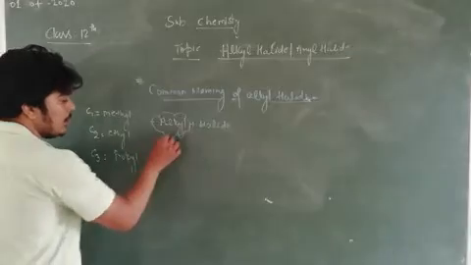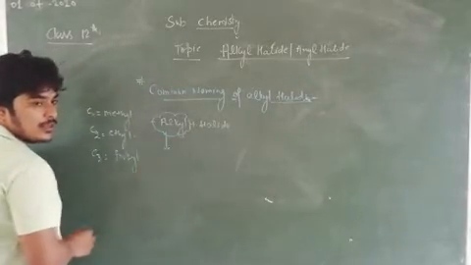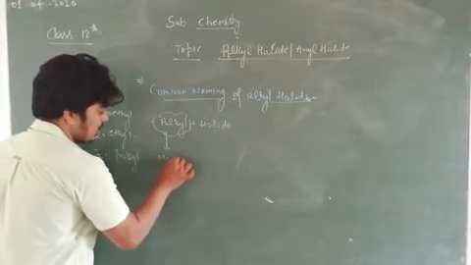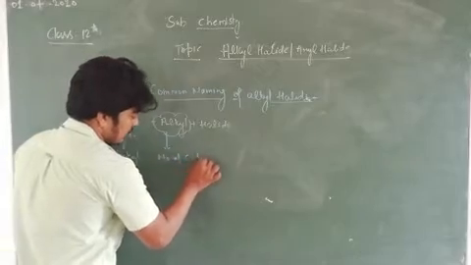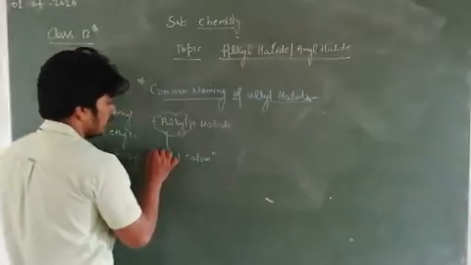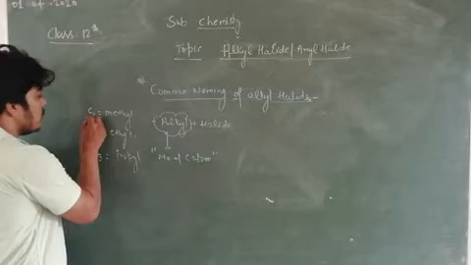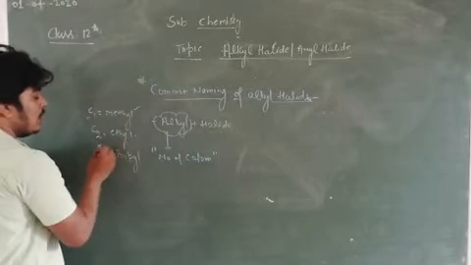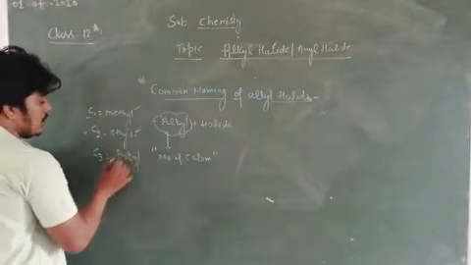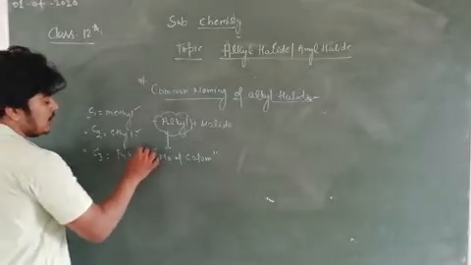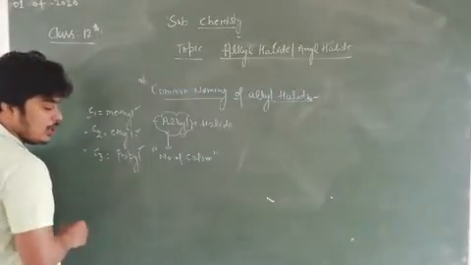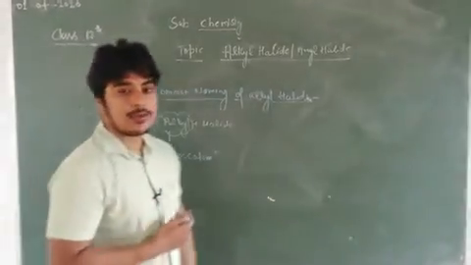The name of the alkyl depends on the number of carbon atoms in the chain. If there is one carbon atom it is methyl, if there are two carbon atoms it is ethyl, if there are three carbon atoms this is propyl, and so on: butyl, pentyl, and so on.